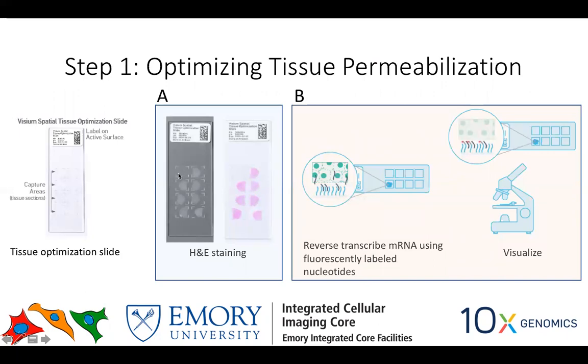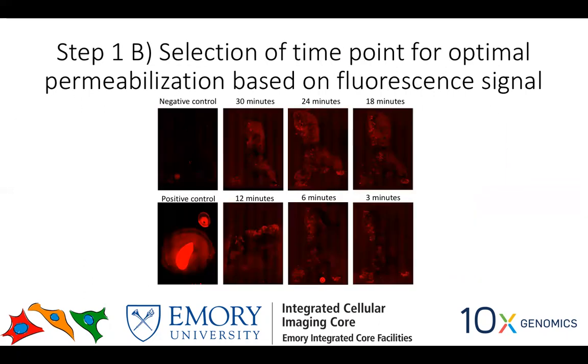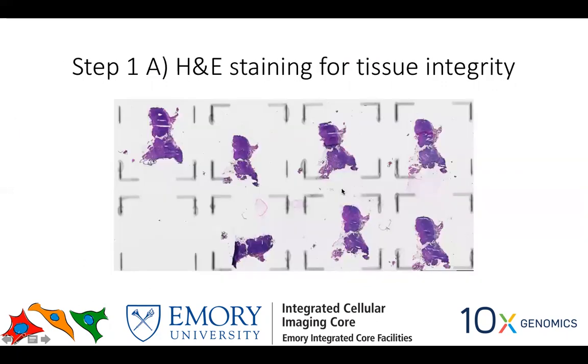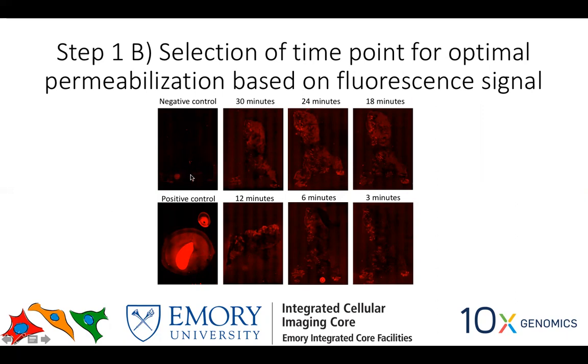But when you say negative control, it's just the permeabilization is 0 minutes. Is that how you define it? So the way you define it is you don't add any of the fluorescently labeled nucleotides that bind, right? That is just to know the background of the sample. Okay. Okay.